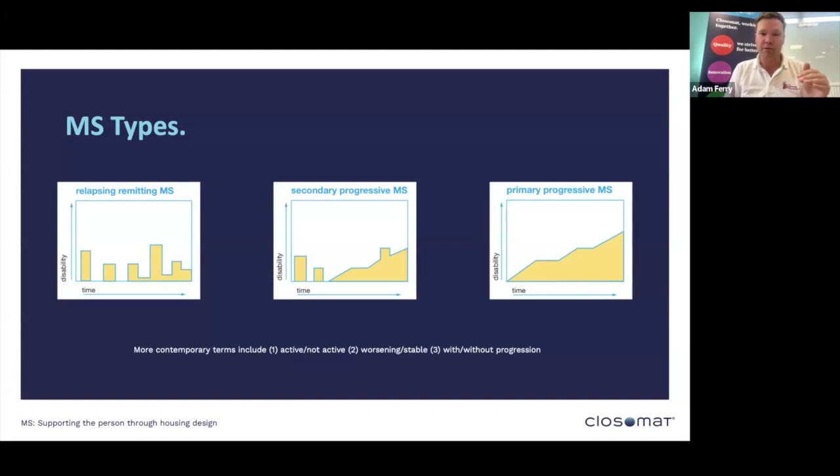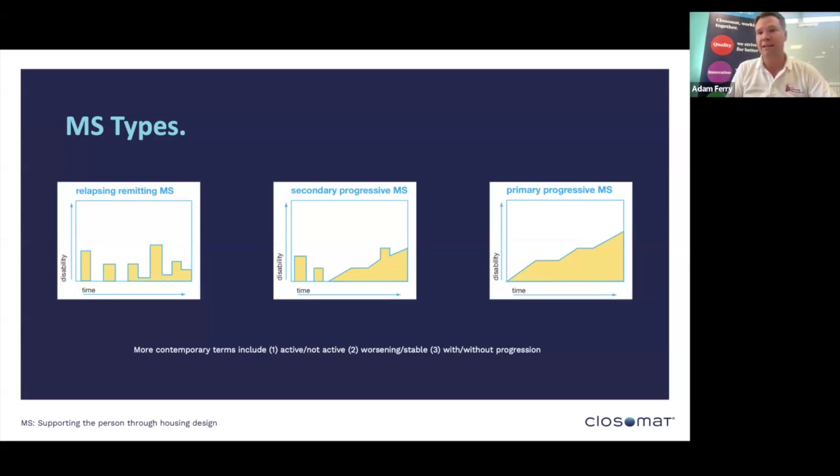So over a long period of time, someone can move from relapse remitting into secondary progressive. And secondary progressive, as you can see there in the middle diagram, is where the person's had some relapses, but then over a period of time has steadily started to gradually decline from their baseline, with the odd relapse in between. And primary progressive is where there aren't relapses.